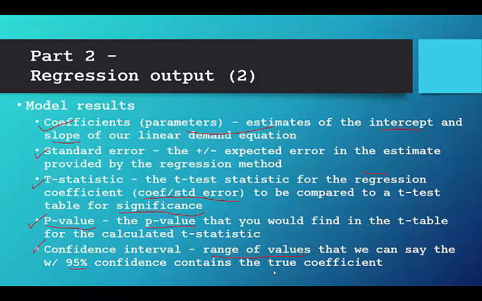Usually what we're looking for is, if we have an estimate like ours of negative 3.8, does the confidence interval also include 0? Because if it goes over into positive numbers, then that's a problem for our theory here, because our demand theory says this needs to have a negative slope. The price-quantity relationship should be negatively related. And so that'll be something we'll be checking in our confidence intervals.